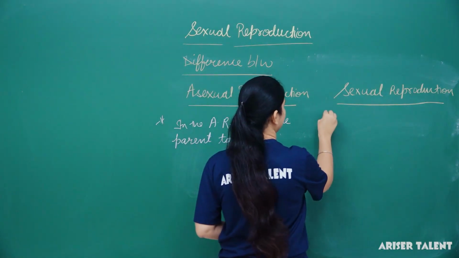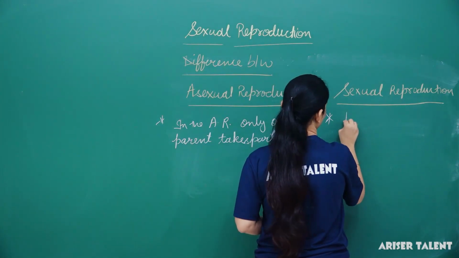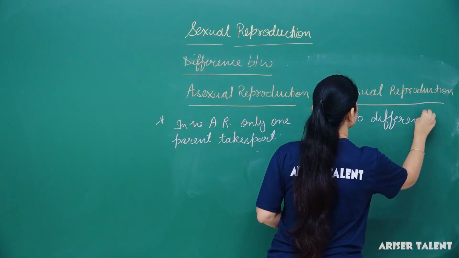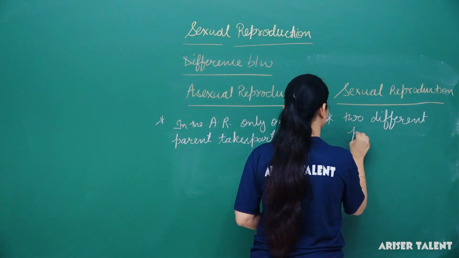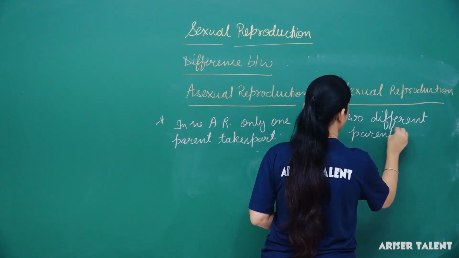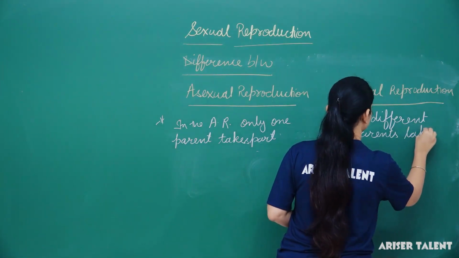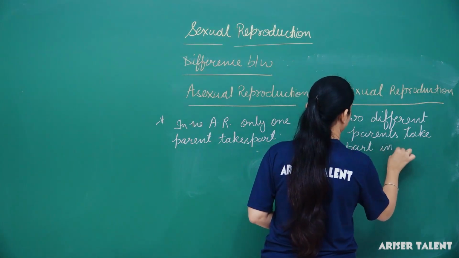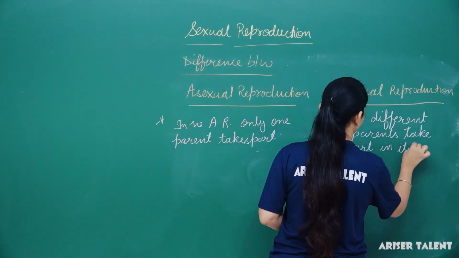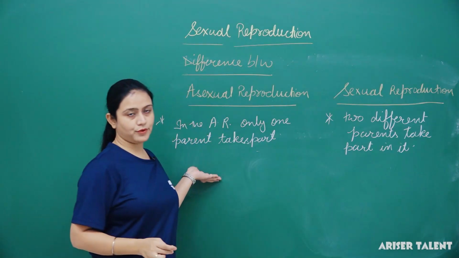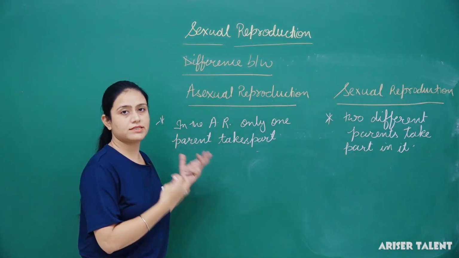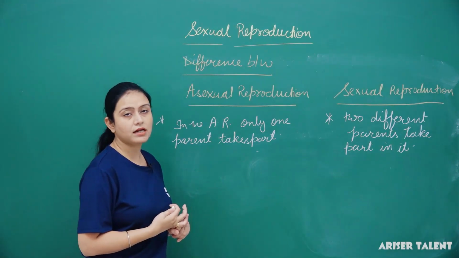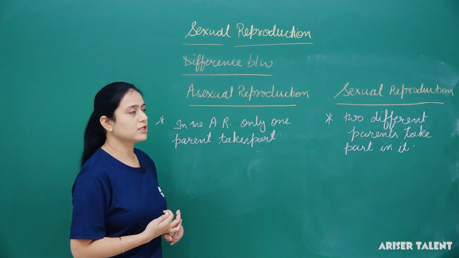Okay, and in sexual reproduction, two different parents take part in it. Okay, in asexual reproduction there are no different sex gametes. But in sexual reproduction different sex gametes are there and they take part in the reproduction.